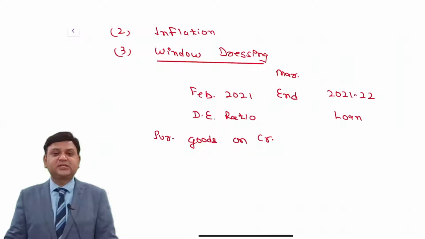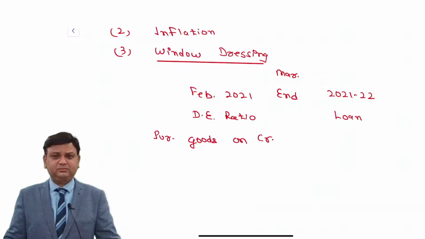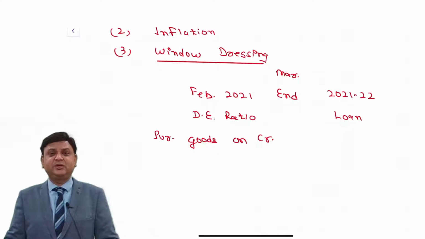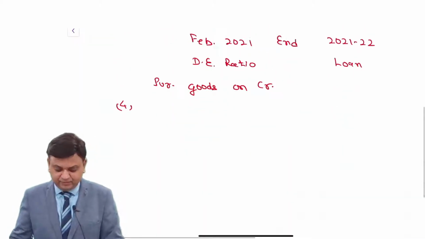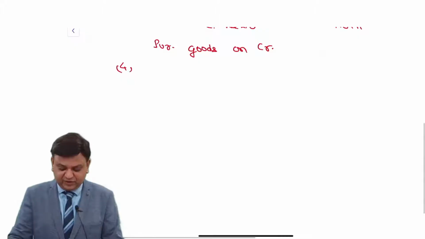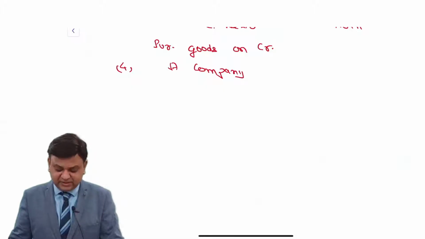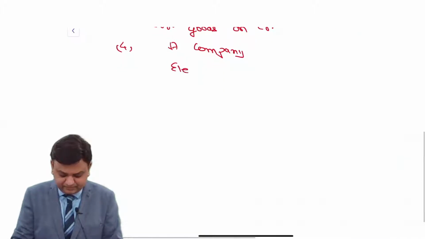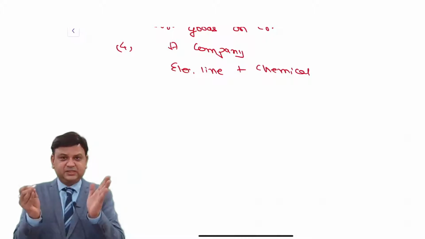So ratio analysis is not useful, or ratios can be easily manipulated like this. Fourth, we understand that if there is a company which has, let us say, the business of electronic lines, and at the same time it is dealing in chemicals. Suppose it is doing two diverse businesses.